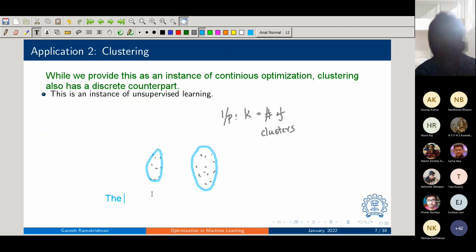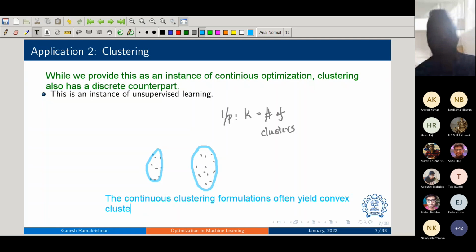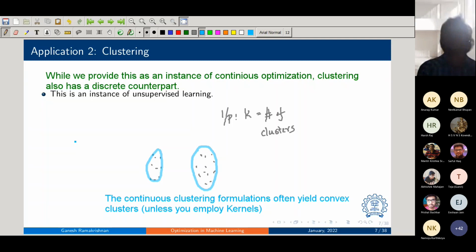So the continuous formulation of clustering often yields convex clusters, unless you use a notion of kernels, right? Whereas the discrete versions may not have convex shapes. I hope you understand what a convex cluster is. We'll define convex sets more formally later on. But the notion of a convex set is that any line segment joining 2 points in the set should lie in the same set.